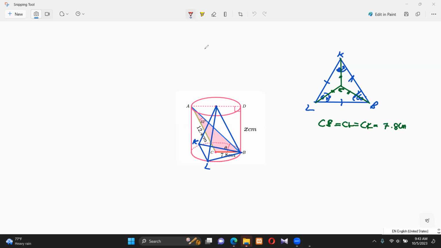Okay, now what do you want to do further? Actually, I have not created a question regarding this one. So the question I wanted to give you is I want you to find out the total external surface area of this tetrahedron, right? Read carefully.